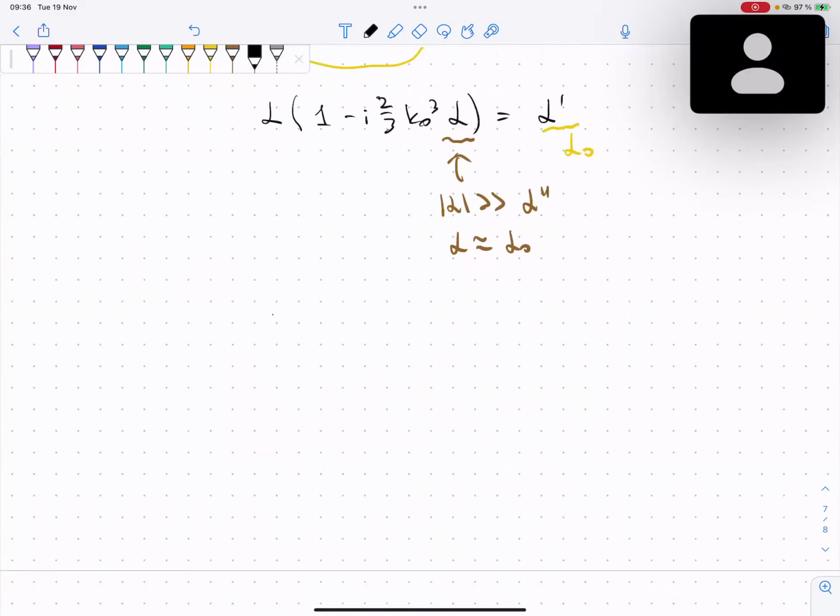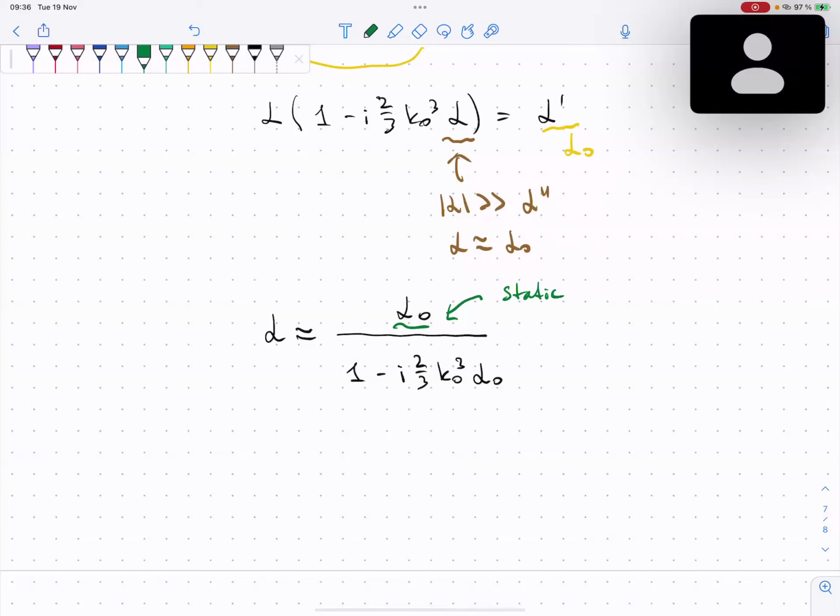In the end, we have that the polarizability of a small particle is alpha 0 divided by 1 minus I 2/3 k0 to the third power alpha 0, where alpha 0 is the static polarizability.